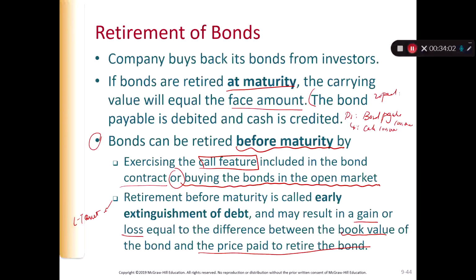Same thing with buying back the bond: if the payment you are willing to pay to retire the bond early is higher than the carrying value, or book value, of the bond, then you are recording a loss. If the cash payment to extinguish the bond before maturity is less than the carrying value of the bond, you are retiring the bond at a gain.